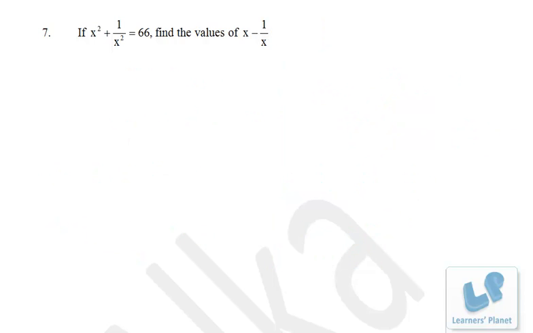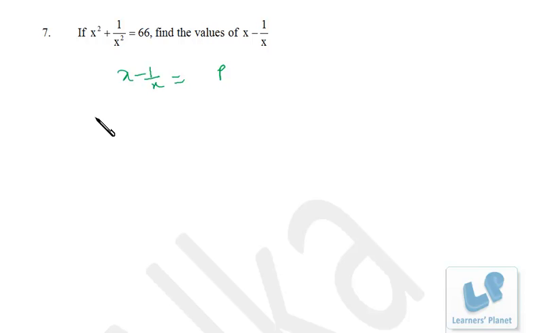Now friends, we have the reverse pattern. Earlier we were given this and we were finding out this expression. Now we are given this and we have to find this, right? So what I do is, x − 1/x, let's assume it to be a new variable, say p, right? Now x − 1/x is p.